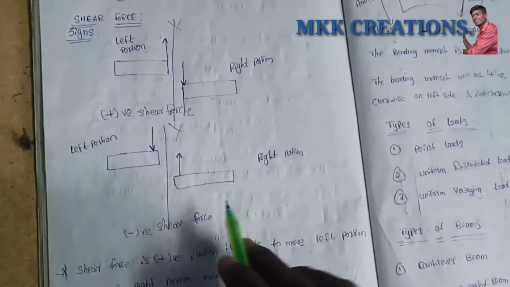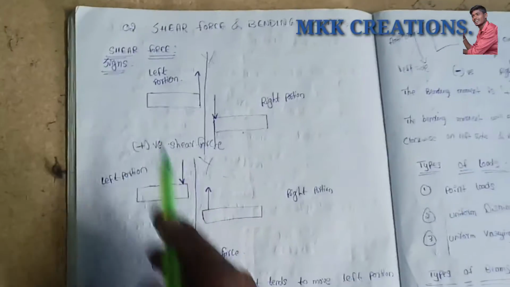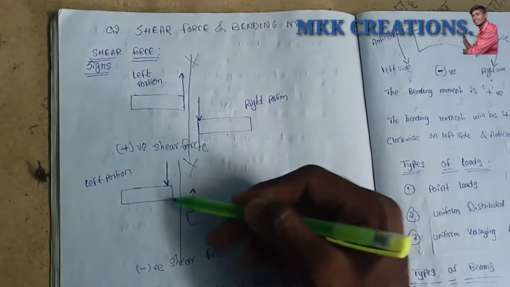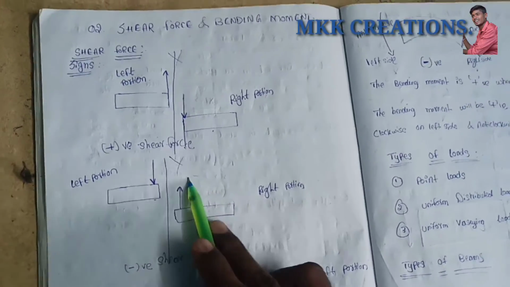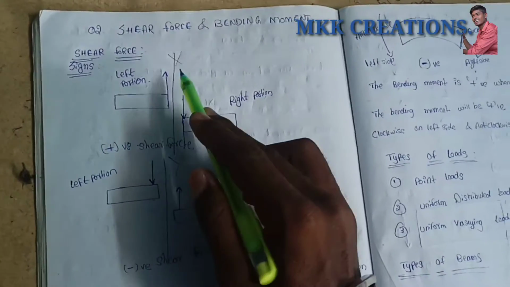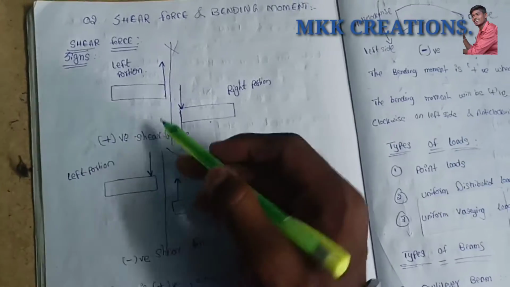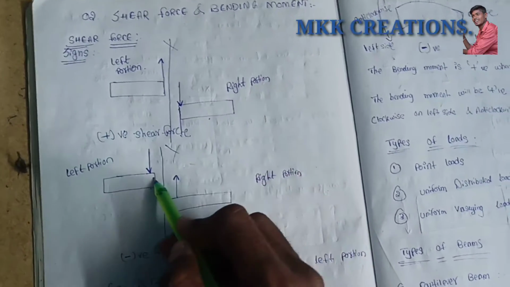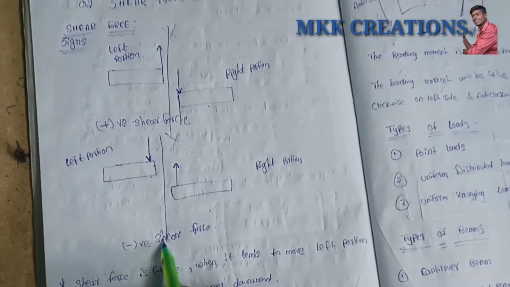Now coming to the left side portion only. If the load is coming from top to bottom on the left side, and on the right side portion from bottom to top, just opposite to the positive, this is negative. So the left portion load coming from top to bottom indicates a negative shear force. Understood?